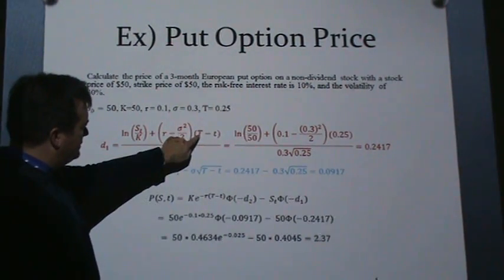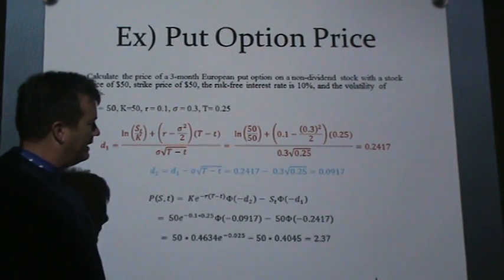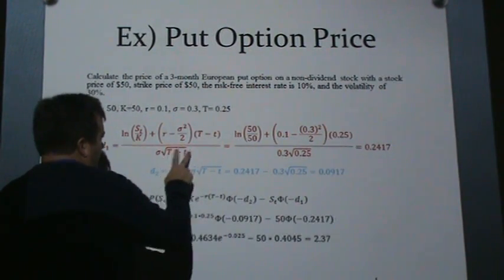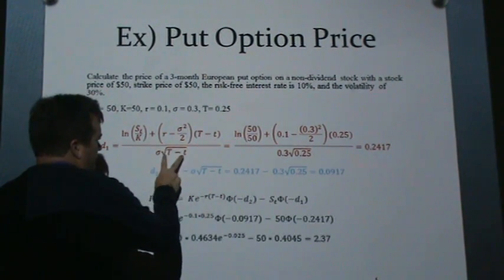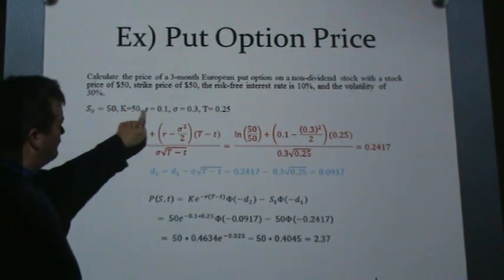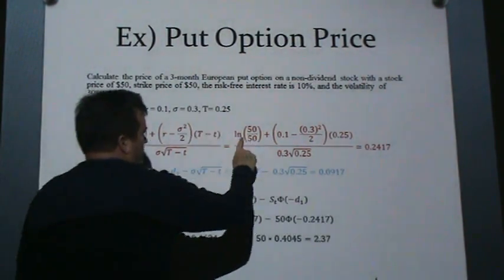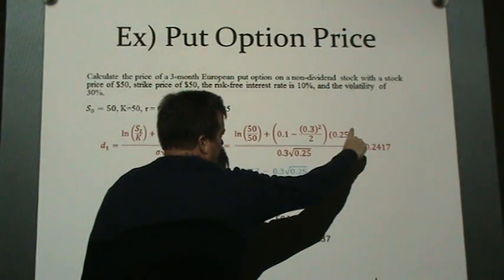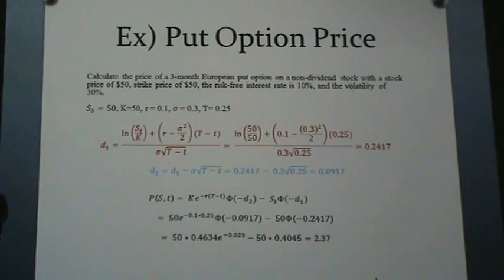You might see in some textbooks this is just considered little t, meaning the amount of time remaining until expiration. Then divide by sigma times the square root of the remaining time. For this concrete example, you punch these numbers into the formula and it equals 0.2417.